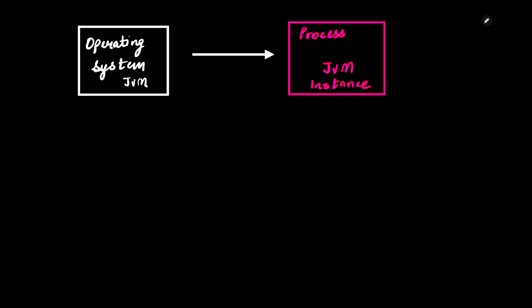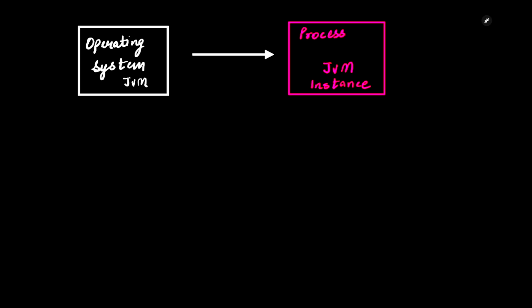This JVM instance is the same as what we have read in the class and object concept. We have a class and we create an instance of that class to create an object. While creating an object, you pass some parameters in the constructor to initialize it. Similarly, to initialize the JVM, you pass some memory parameters.